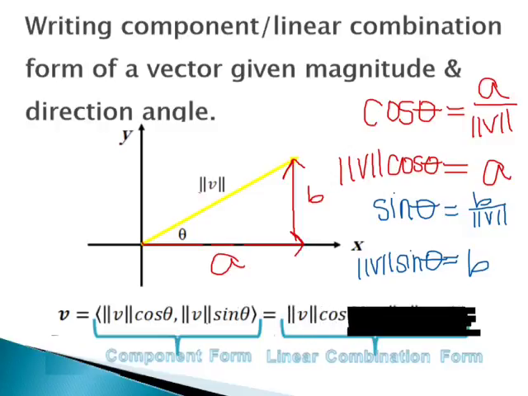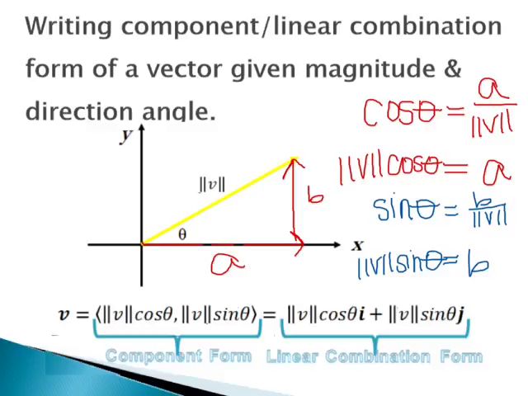And here is the linear combination form. I do want you to notice that cosine is associated with the horizontal component and sine is associated with the vertical component.